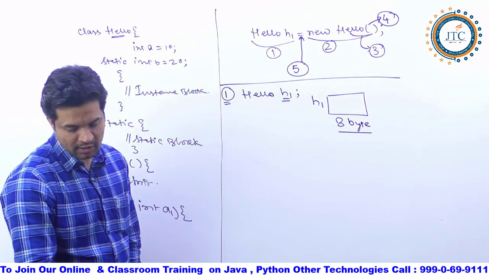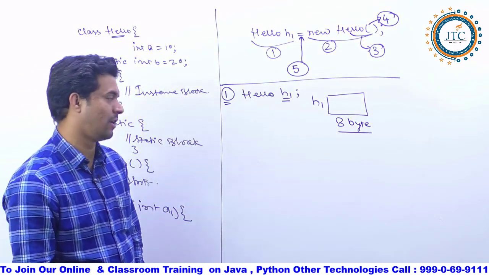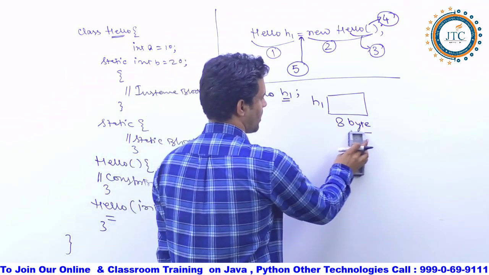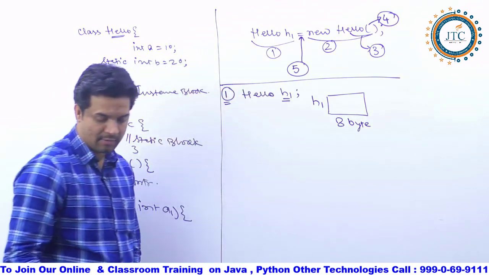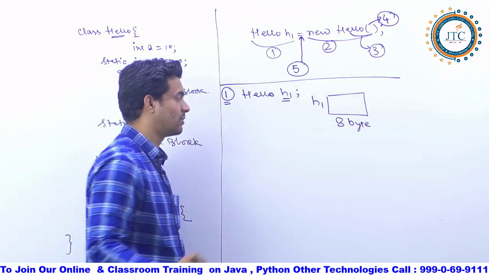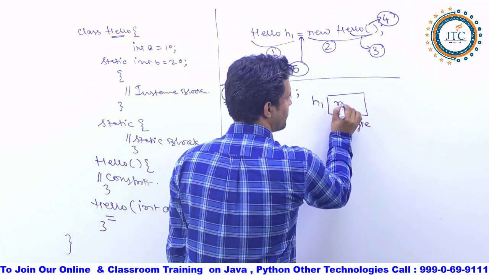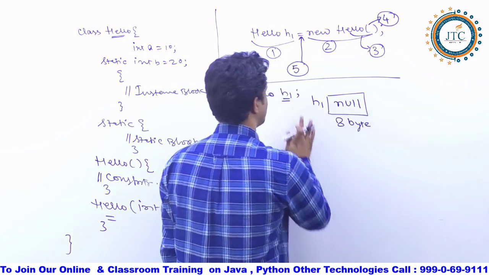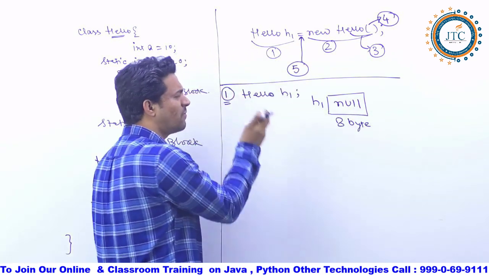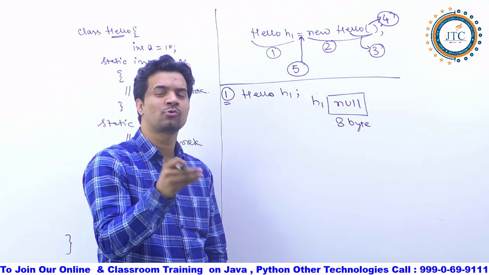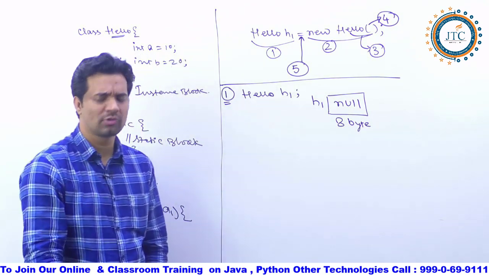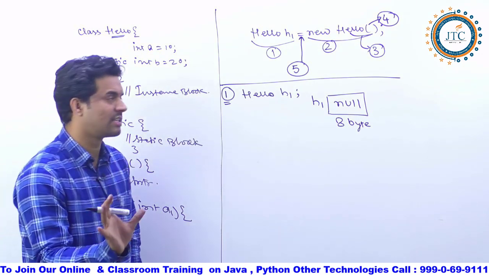How much memory will be allocated? 8 bytes of memory will be allocated for this, correct? And once the 8 bytes of memory are allocated for this, by default null will be assigned inside it. Is it okay? These are very simple steps, but generally fresher-level students, and even working students, miss these concepts.